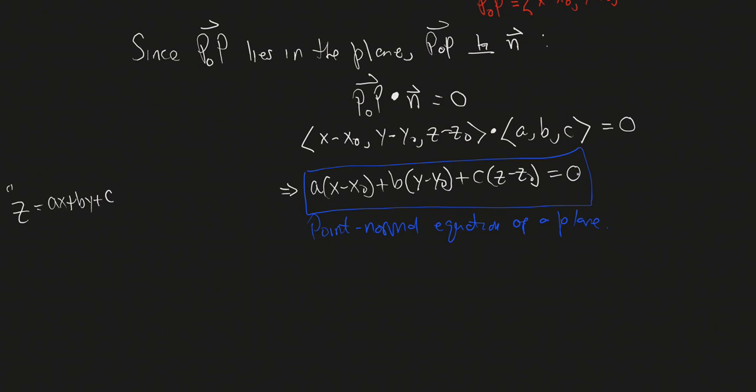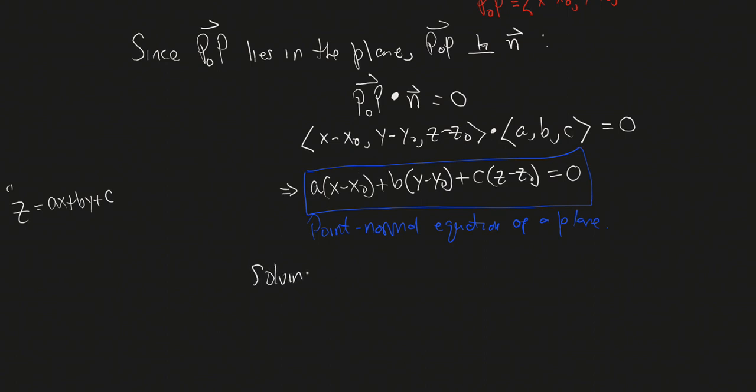So what we could do is take this equation and convert it to this equation where we actually isolate the z. So if I were to solve this for z, the first thing I would do is move these two terms over.